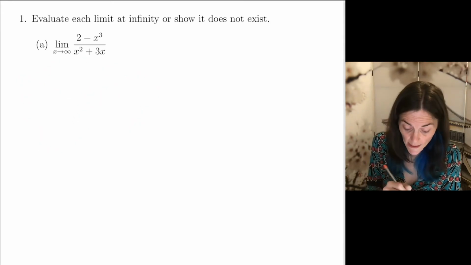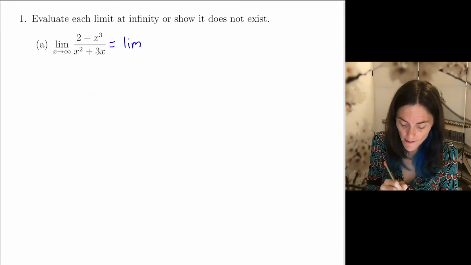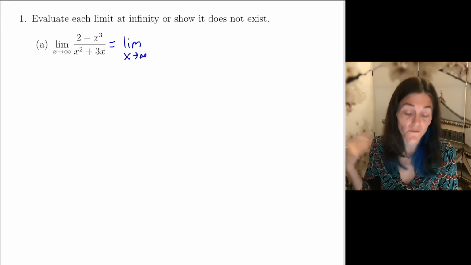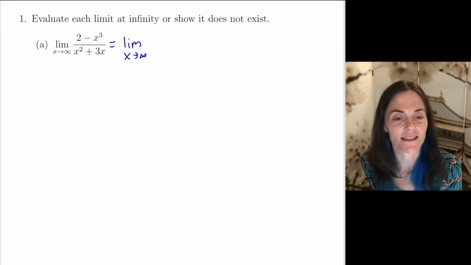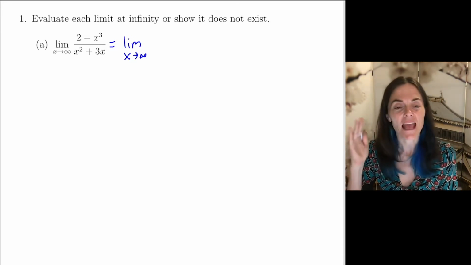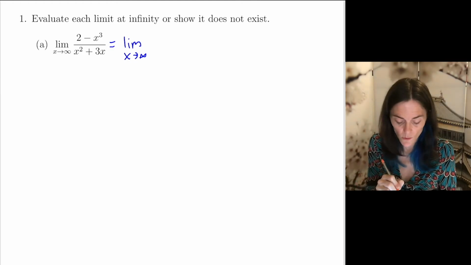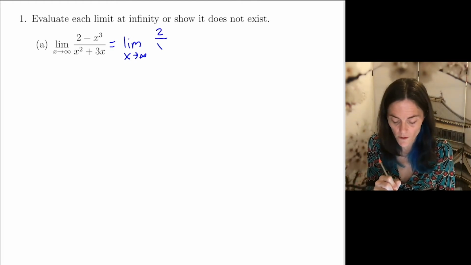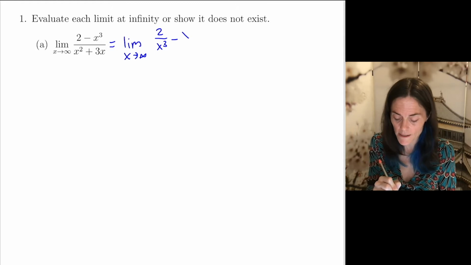The way that we did this in class, which is what I recommend, is we divide by the highest power of x that we see, every single term. We have an x cubed, and so let's divide. We would have 2 over x cubed. We would have minus x cubed over x cubed.